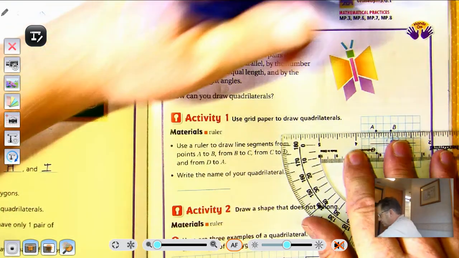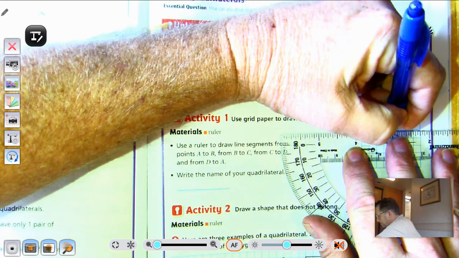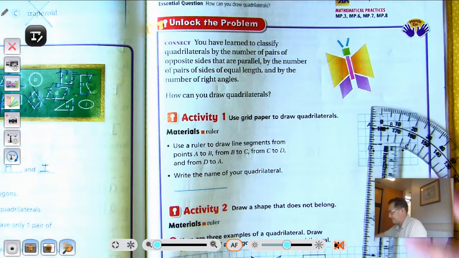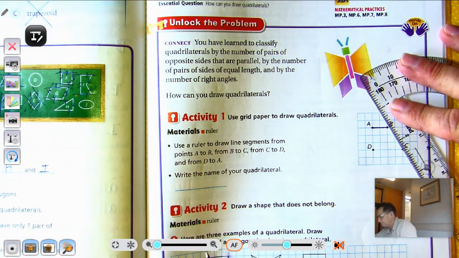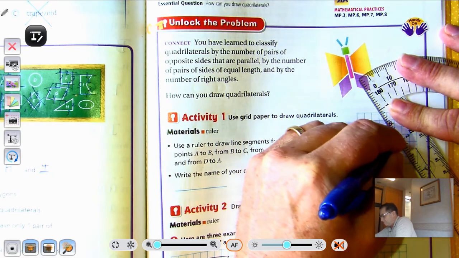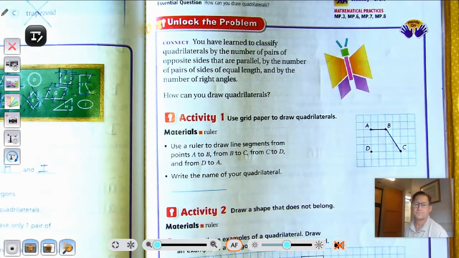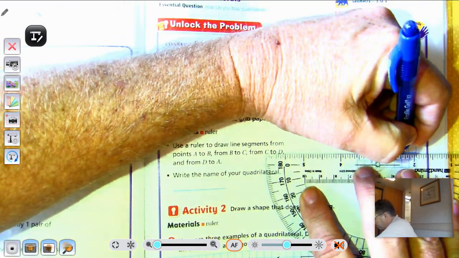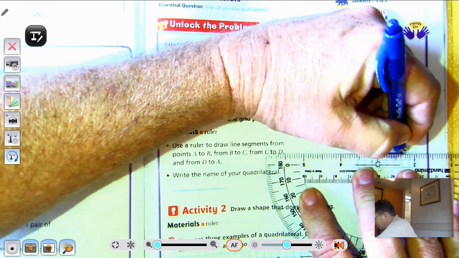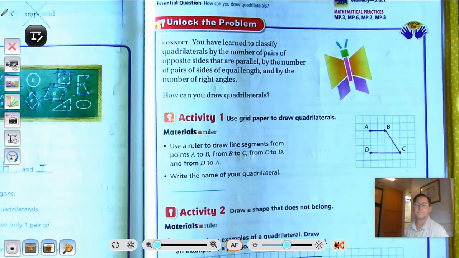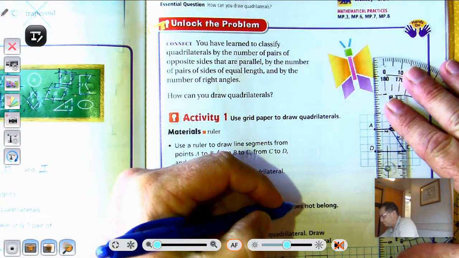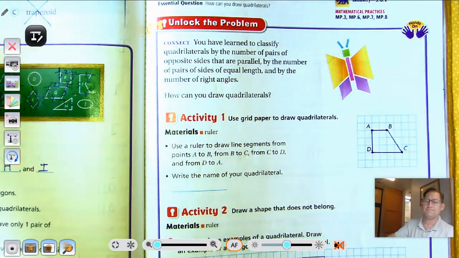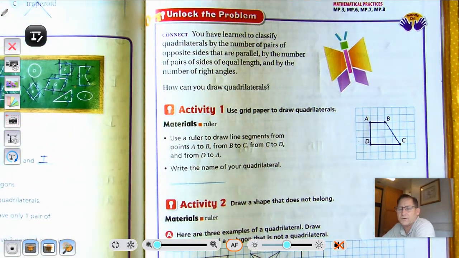A to B. Okay, from B to C. From C to D. And D to A. Okay, so that's the quadrilateral we've drawn.